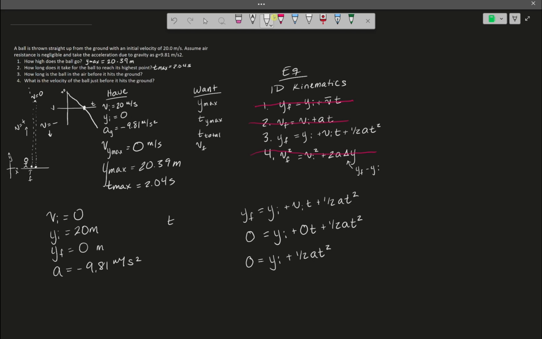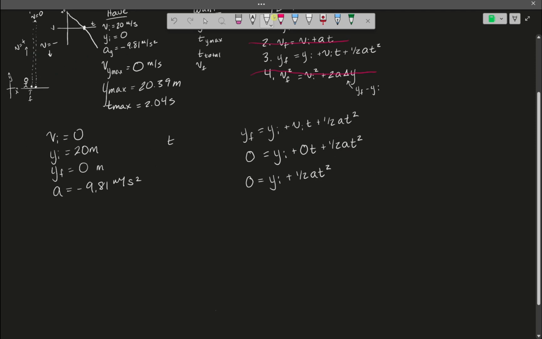I can now rearrange this to solve for t. So I'm going to put my term that has t on the left-hand side, and that will be equal to negative y initial. I'm then going to multiply both sides times 2 and divide both sides by acceleration. This will give me time squared is equal to negative 2 y initial divided by the acceleration.